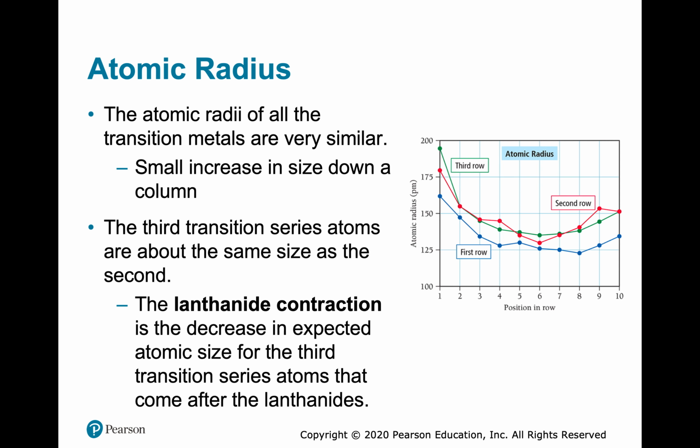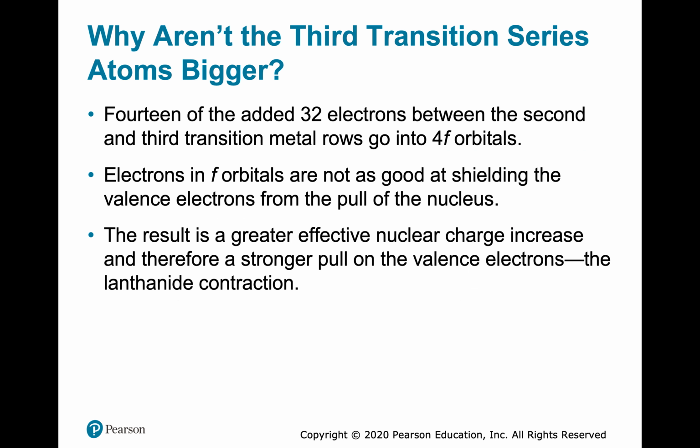So let's talk about atomic radii. Generally speaking, the trends are actually a bit opposite. The radius gets bigger going down, but the second and third rows are about the same size, which is kind of weird. This is known as the lanthanide contraction, and the reason for it is the f orbitals.